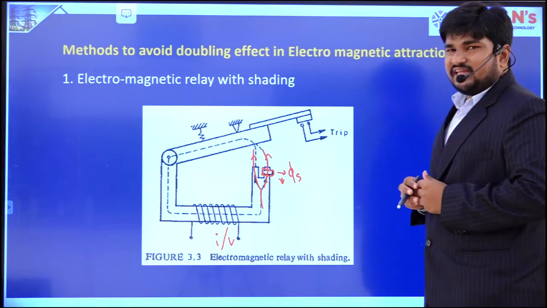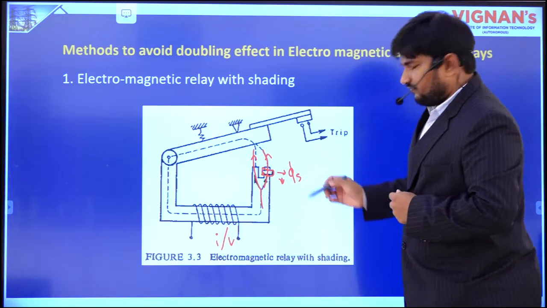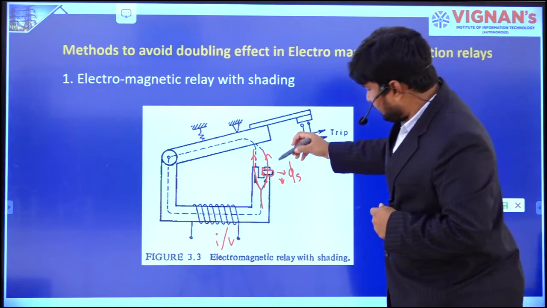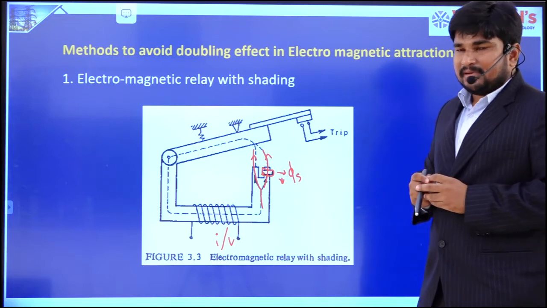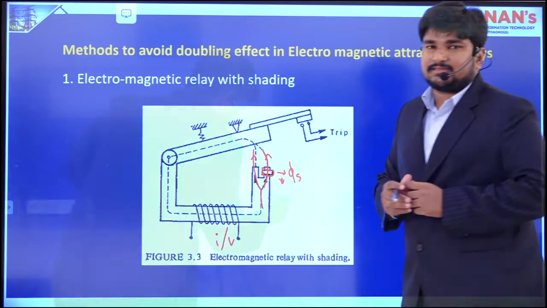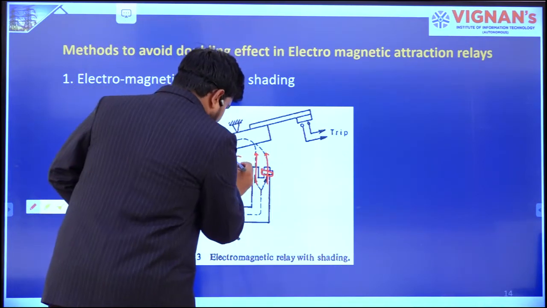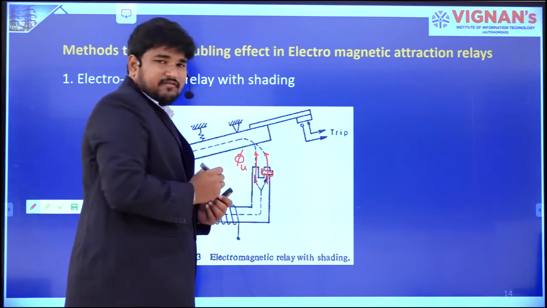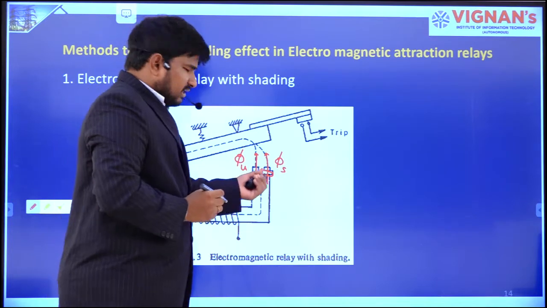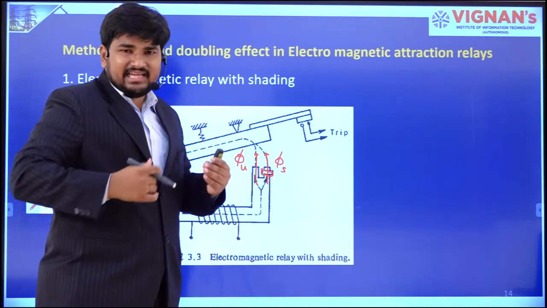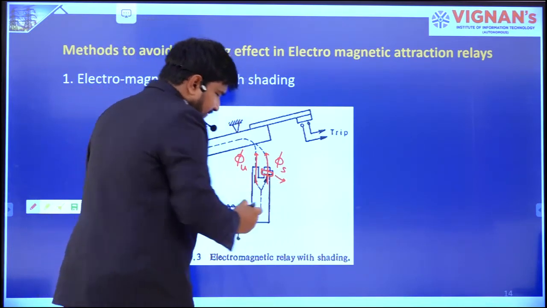With the result, the shaded flux, that means the flux passing through the shaded region, will lag behind the main flux. By having these two quantities, the unshaded pole flux and the shaded pole flux, the shaded pole flux will slightly differ from the unshaded pole flux because of the shading band.